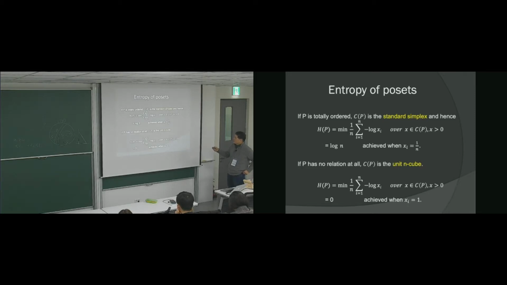We may take each xi equal to 1 over n. Then the entropy of a totally ordered set is log n. And the entropy of a non-relation poset is 0 by taking xi equal to 1, because it's the unit cube.